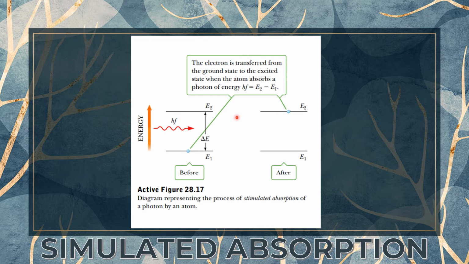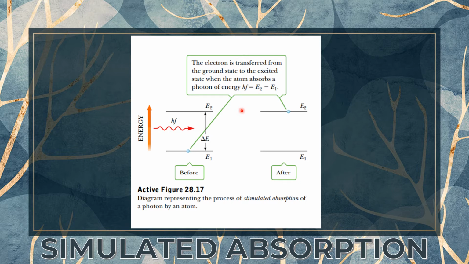Energy is on the vertical axis, and nothing is plotted on the horizontal axis. Only two energy levels are shown. This diagram illustrates only a small fraction of the possible energy levels of a material.